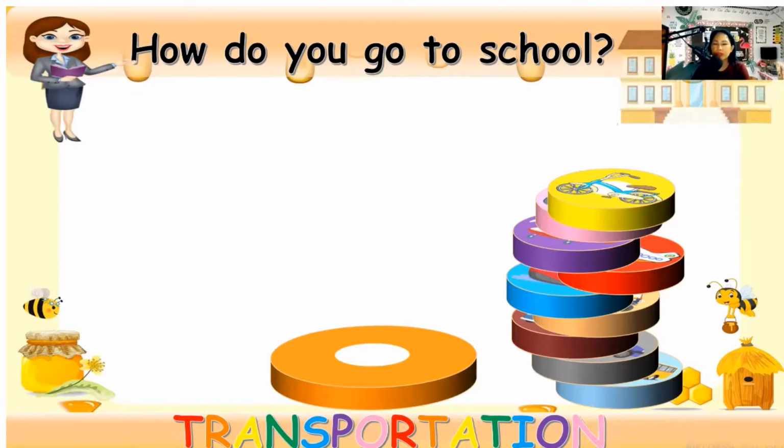Previously we studied already about different places around town. So, you know what school is. So we can connect the places to our question or to our topic for this episode. So the question is, how do you go to school?